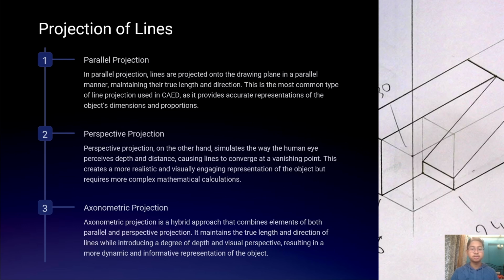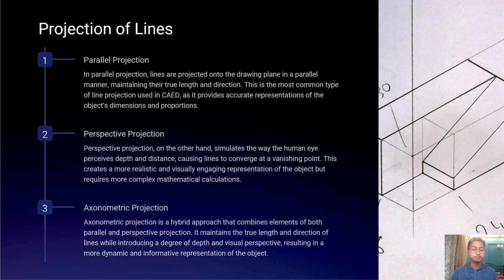Perspective projection. Perspective projection, on the other hand, simulates the way the human eye perceives depth and distance, causing lines to converge at a vanishing point. This creates a more realistic and visually engaging representation of the object, but requires more complex mathematical calculations.